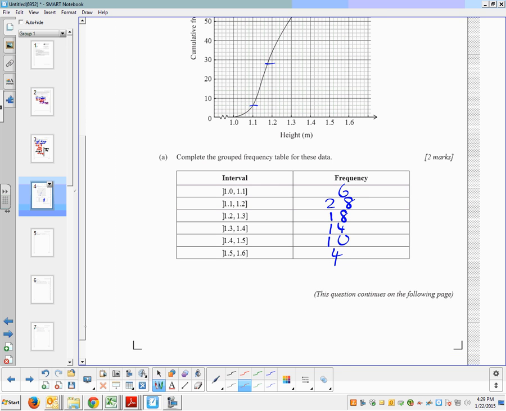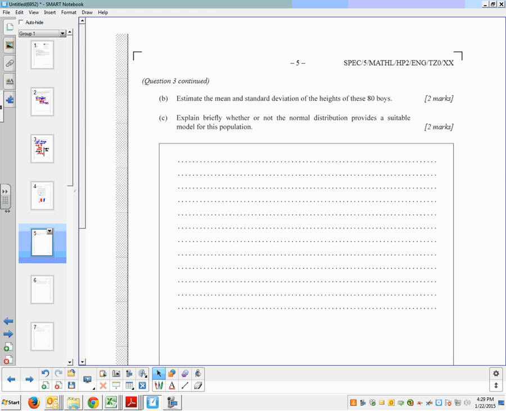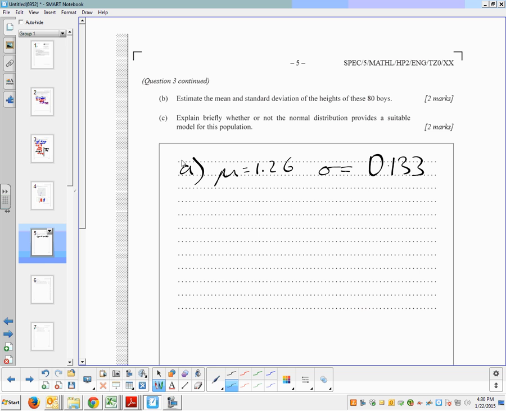Well, you fill in the midpoints here, so 1.05, 1.15, 1.25, 1.35. And on your calculator, you can tell it to give you estimates. Press the one variable statistics button. That will give you the estimates. So mu is 1.26 and sigma is 0.133, working to 3 significant figures.